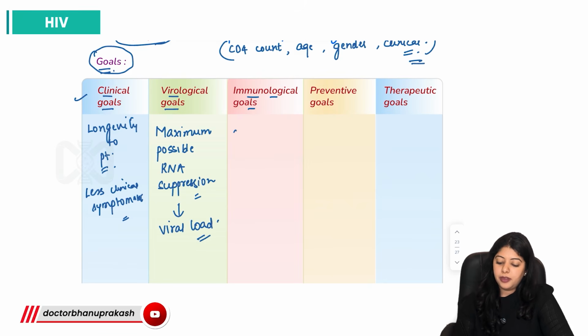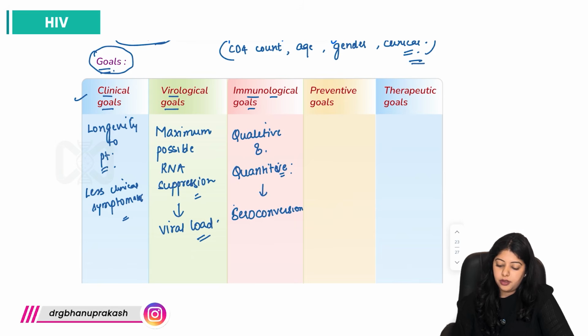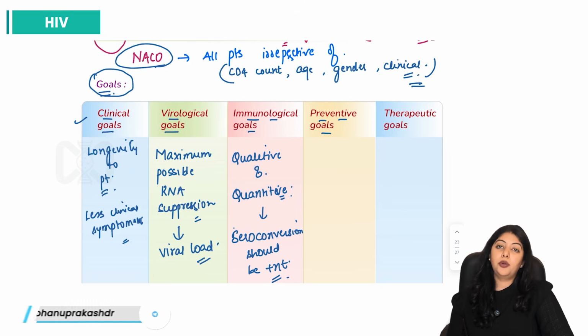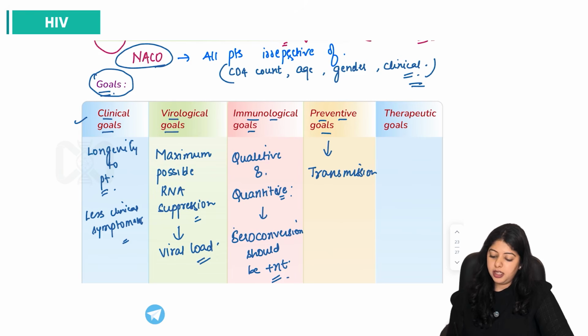That means that qualitative and quantitative seroconversion should be present. And then come the preventive goals. Preventive goals say that transmission should be reduced.